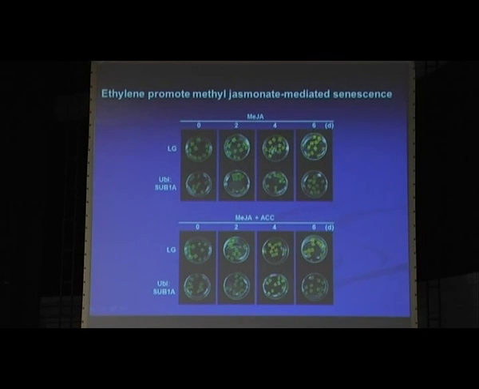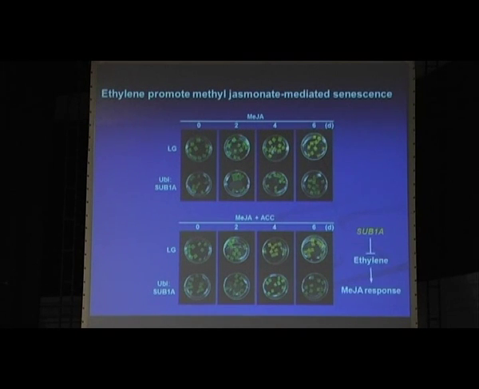So you see some difference between this and this at the same time point in the wild type. However, we don't see any obvious effect of addition of ACC in the SUB1A line. So this experiment also confirmed SUB1A reduced the effect of ACC.